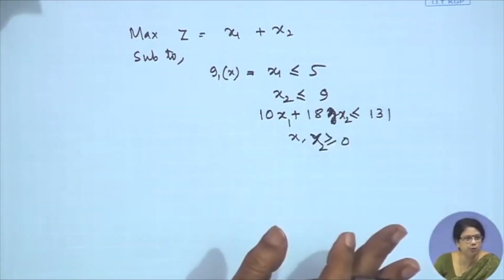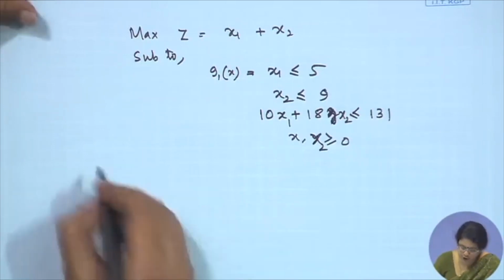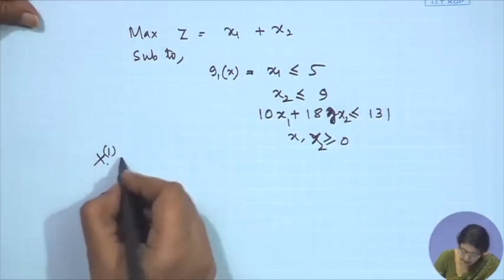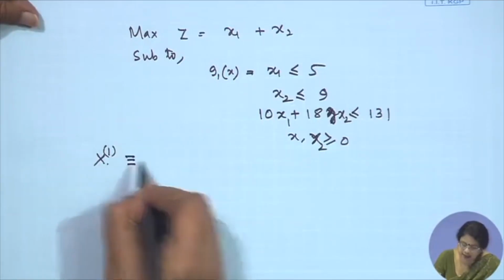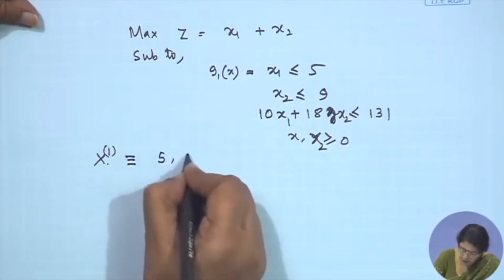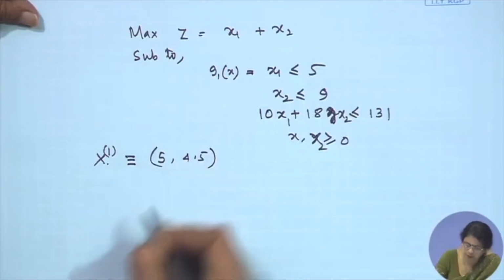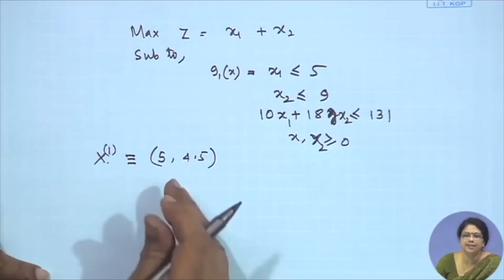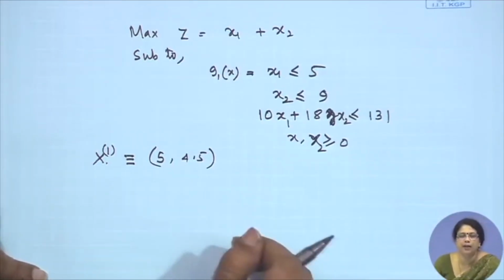This is again a linear programming problem. If we solve it, we will get one optimal solution, that was x0. If I get x1, we will get the optimal solution at point (5, 4.5). Again we will see how much violation we have for h1 and h2. Now you must understand where the process will stop: once the constraint is not violated, we can stop.